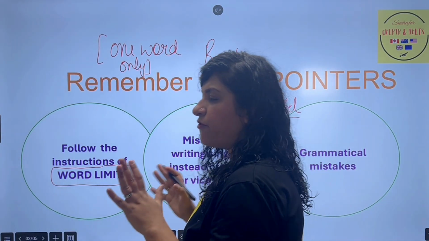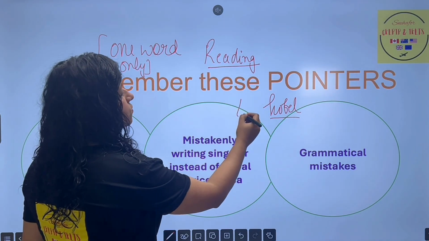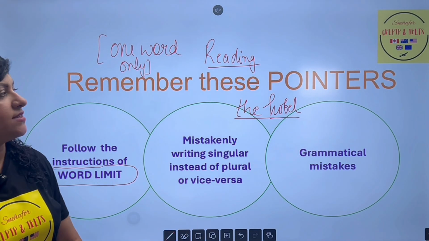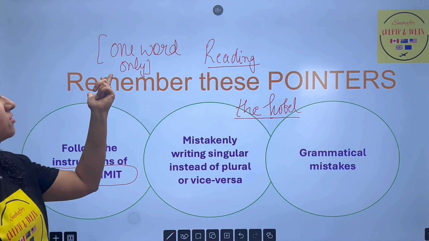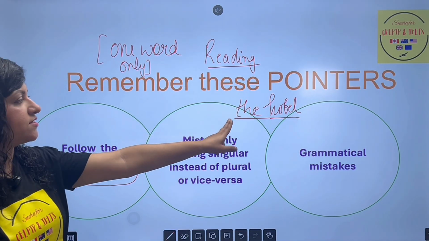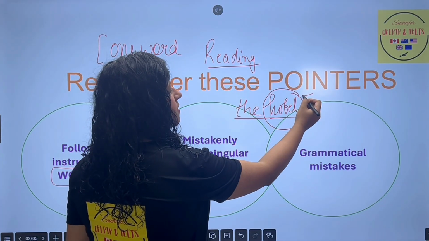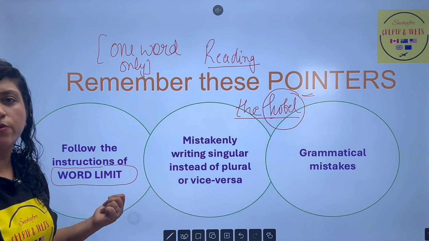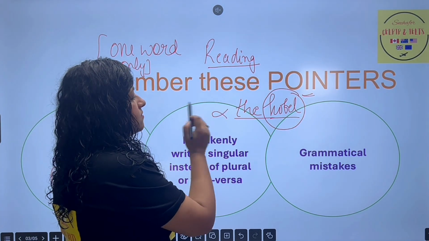And instead of writing hotel, you wrote the hotel. Now what's going to happen is, because you did not follow the instruction, the word limit, which was one word only, you wrote two words, the hotel. Also the answer was correct. It was the correct one in your answer. However, simply because you did not follow the word limit, it is going to be marked wrong.